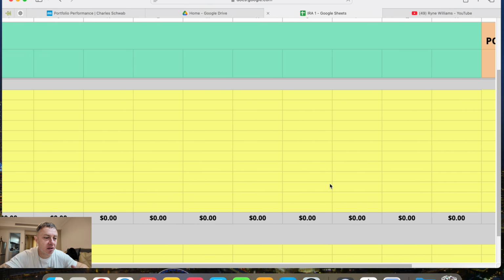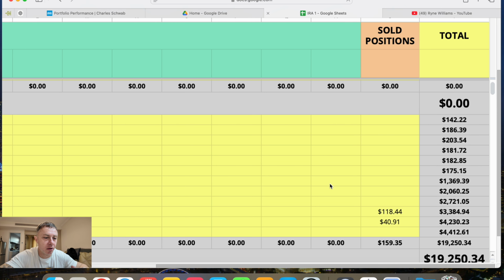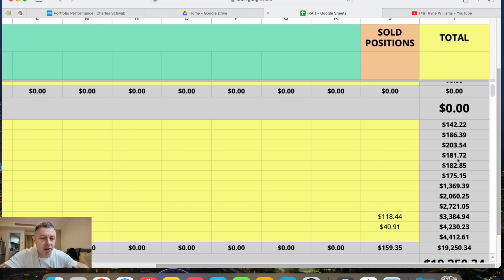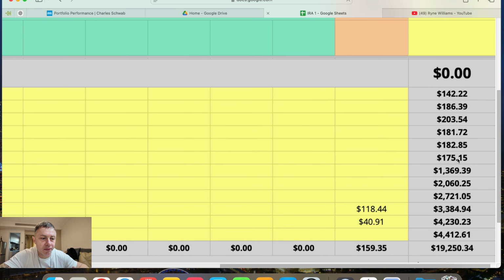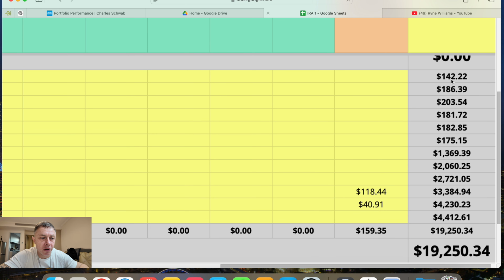Let's go check out what this looks like for the year as far as the payments go. So this is the whole year here of payments. 142 the first month, 186 month 2, month 3 was 203, 4 181, 5 182, 6 175, month 7 1369, month 8 2000.